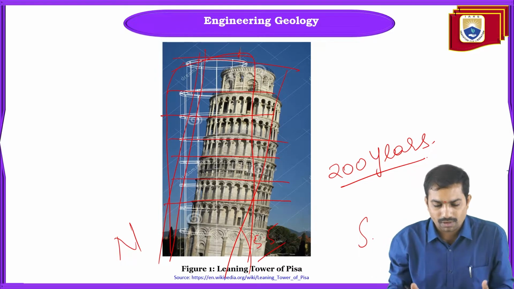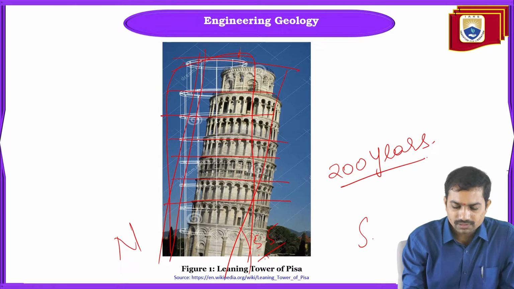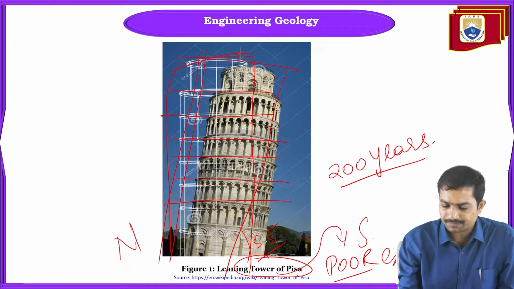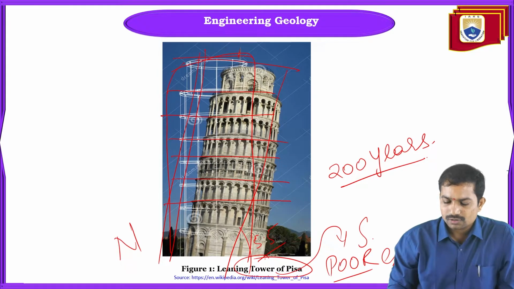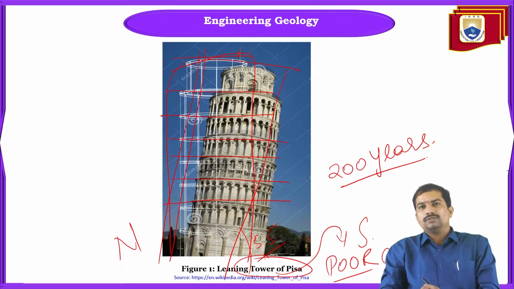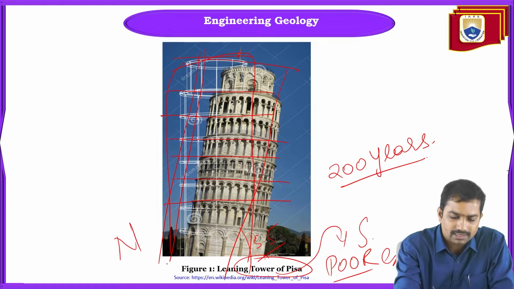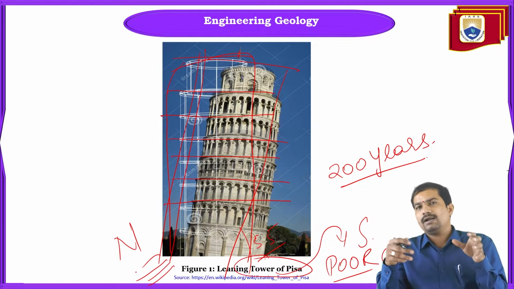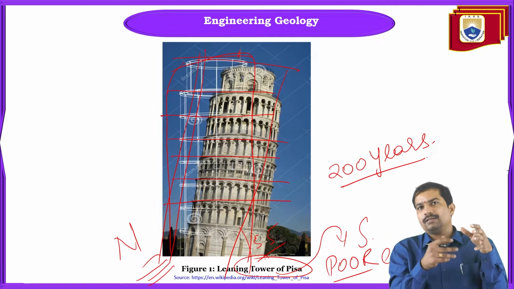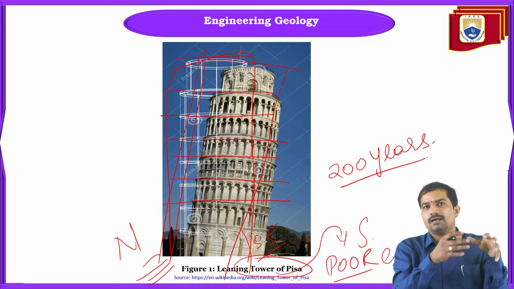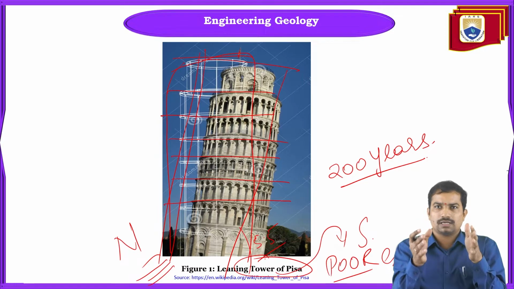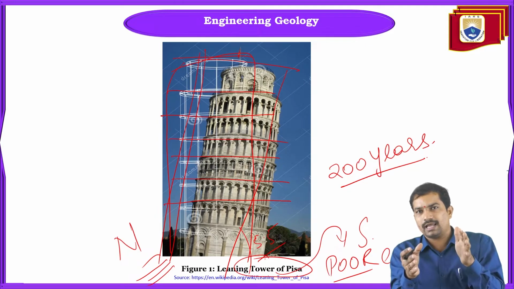So what was the problem? The ground on the south side was poor soil, an expansive soil. And as you see, there were some water drains traveling on the north side, and when the rainy season or the winter season came, the structure was tilting like anything.